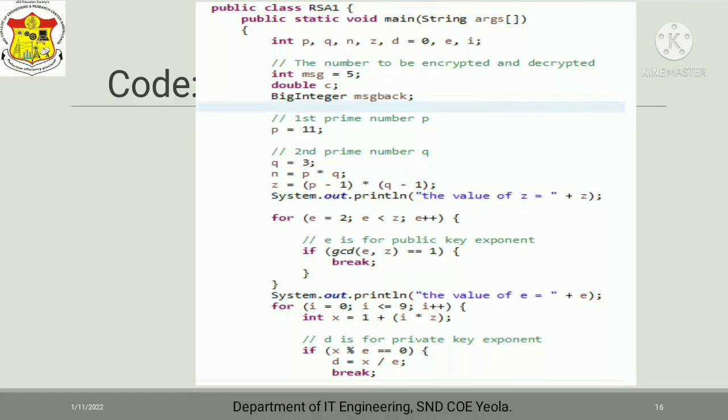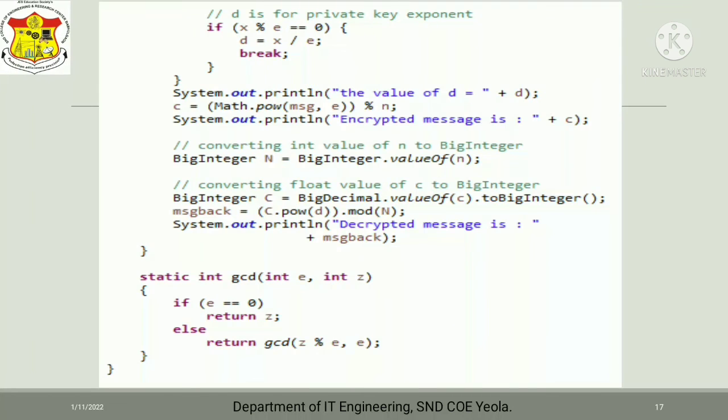Consider another for loop for calculating the value of d, that is private key. The for loop starting from i equal to 0 to i is equal to 9, and it will compute the value of d. For calculating the value of ciphertext, that is C, we have a formula C is equal to m raised to e mod n.